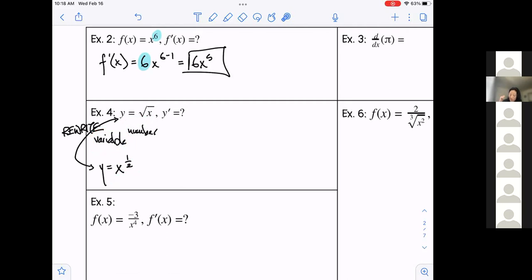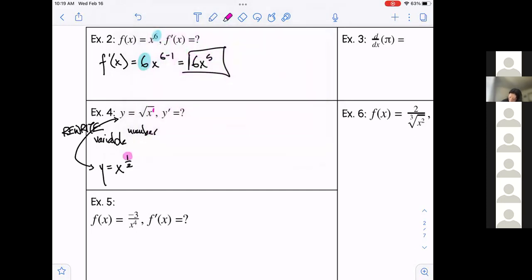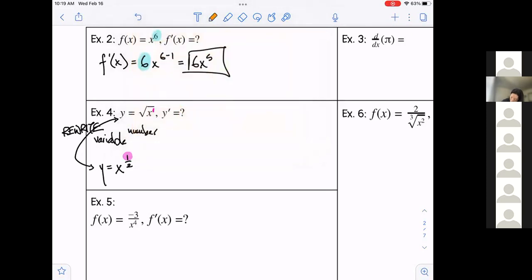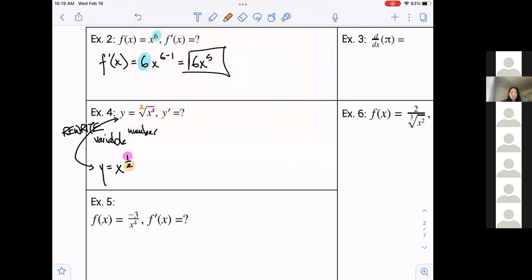Let's go over real quick where the 1 and the 2 came from, because I think this is really important. The power of x on the inside is 1, and that is where this 1 comes from. When we say square root, there's secretly a 2 here, which is how we get the 1/2.